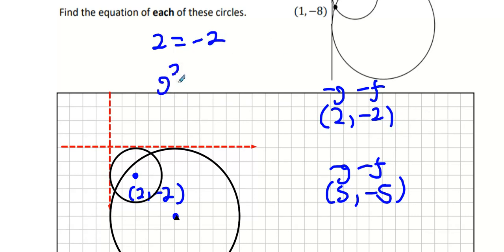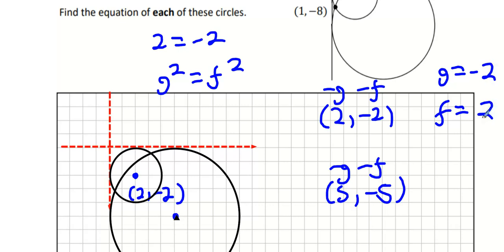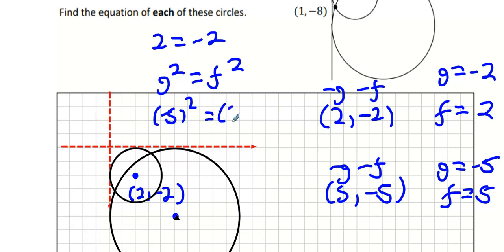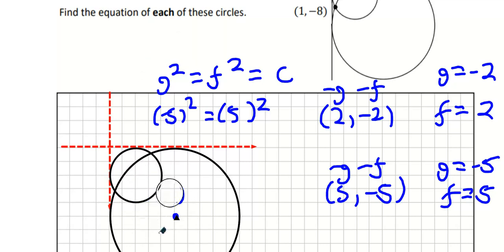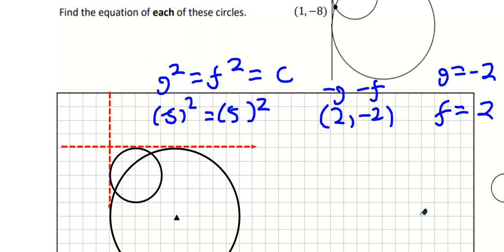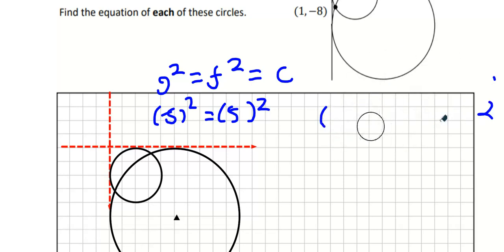But g squared always equals f squared, because in the first equation g would be -2 and f would be plus 2, and if I square both of them, they're equal to each other. Likewise with 5, g is -5 and f is plus 5, and -5 squared has to equal 5 squared. So this is the one I have to remember: g squared plus f squared equals c.